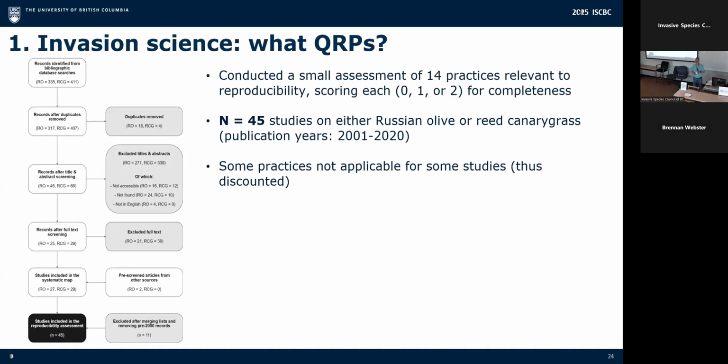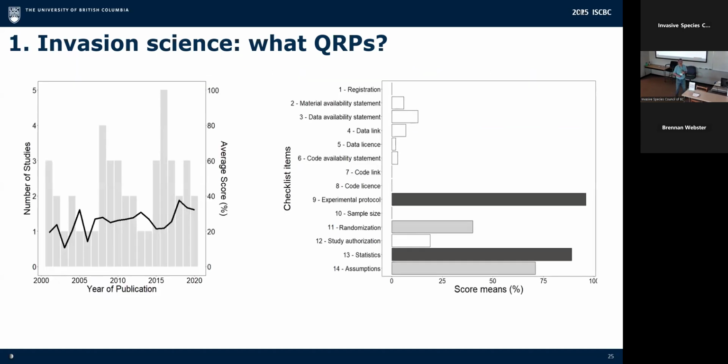In all, he looked at 45 studies on reed canary grass and Russian olive, as part of that other systematic map, and evaluated 14 practices that are pretty easy to assess at face value, because this wasn't an in-depth assessment, just to see how we're doing in invasion science. And the upshot is that we're not doing particularly well, consistent with every other discipline that's been assessed so far.